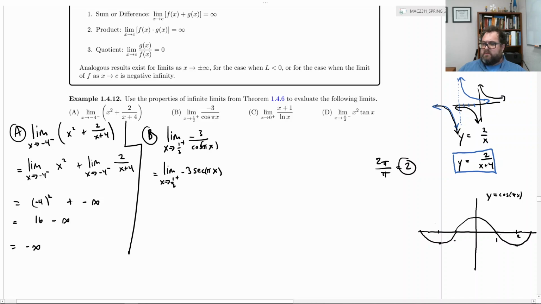Or wait, was that 2? No. Sorry, I messed up. The period's 2, which means this is going to be a 1. This is going to be a half, negative 1/2, and negative 2.